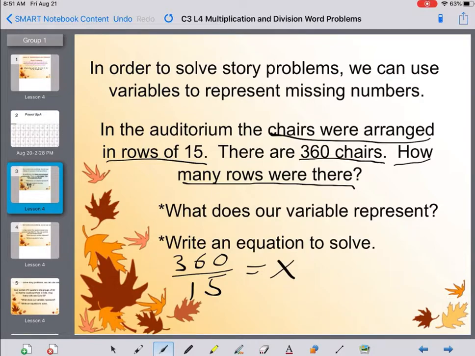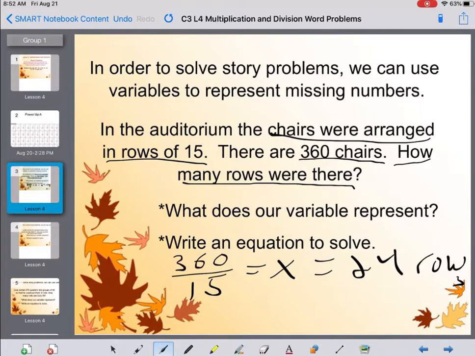If we do that division, 360 divided by 15 gives us 24 rows. So x, the unknown, is 24 rows, with 15 chairs per row.